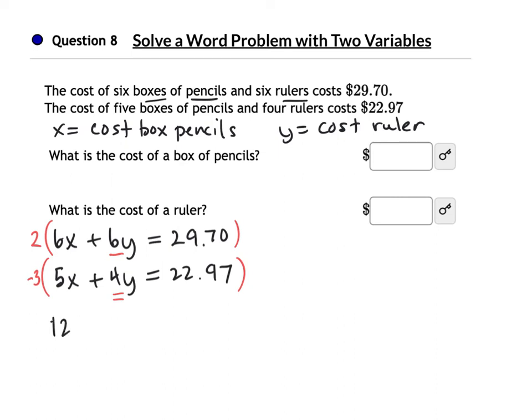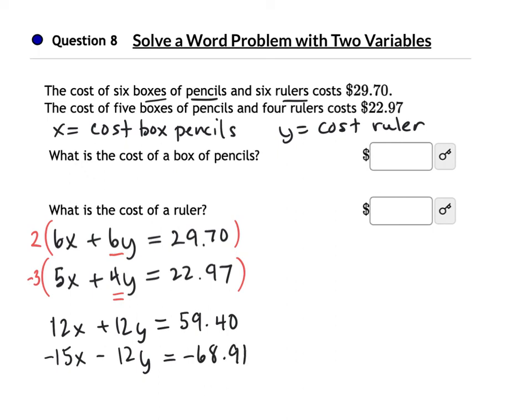This would be 12x plus 12y equals, get out the calculator, 2 times 29.70 is 59.40. The bottom equation by 3, we'd have negative 15x minus 12y, and negative 3 times 22.97 is negative 68.91.